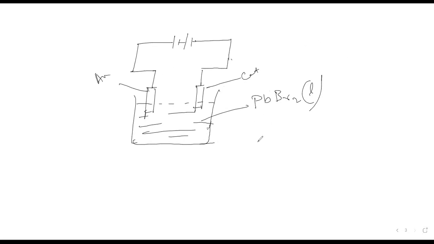So if we write the equation at each of the electrodes, in the cathode, we will have the positive ion. Now, which one of these two ions is positive? The metal part, Pb, is the metal, which is the positive one. So Pb, and how can we find what the charge is?